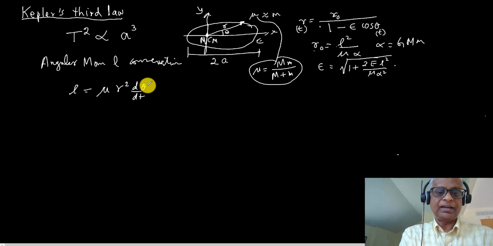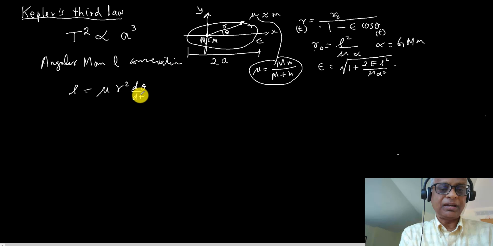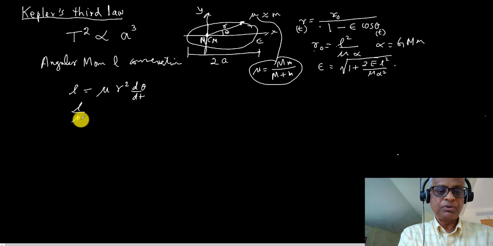Let's put dt on the other side and mu on the other side. So L over mu dt, these are all constants, and the other side becomes r times r d theta.